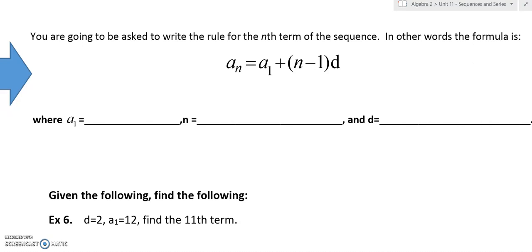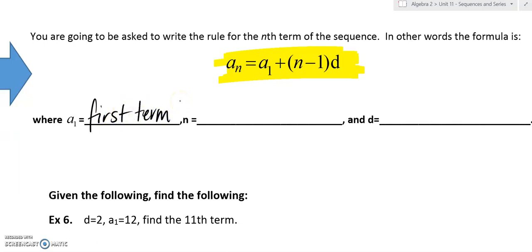You are going to be asked to write the rule for the nth term of the sequence. Here is our formula. So I'm highlighting yellow, but this thing right here is our formula that we're about to use for the next few problems. Let's give what each variable means. So a sub 1. This means the first term.